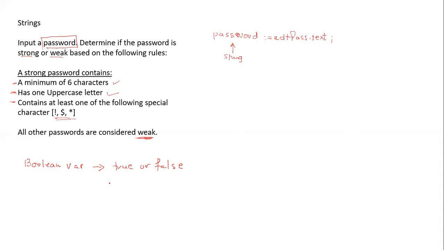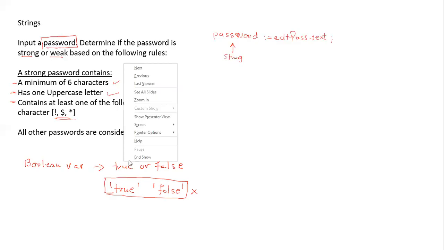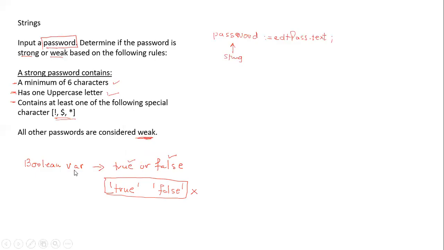Sometimes students make the mistake of saying true with quotes around it or false with quotes around it. And this is incorrect because the minute you put quotes around it, you are making it into a string. And we don't want it to be treated as strings. We want to use it as Boolean variables. So we use true and we use false, which is understood by the computer.